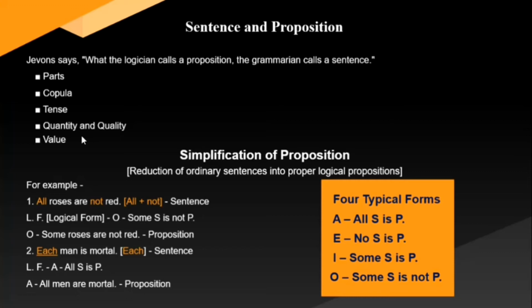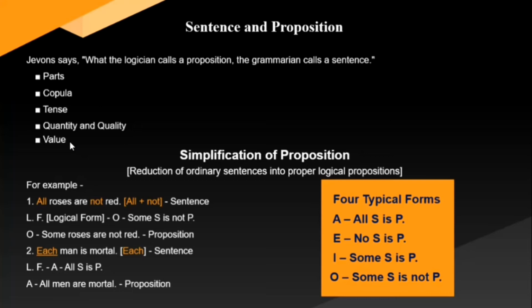Now let us try to understand the difference between a sentence and a proposition regarding value. A proposition expresses the relation of agreement or disagreement between two concepts or between two terms of a logical proposition.